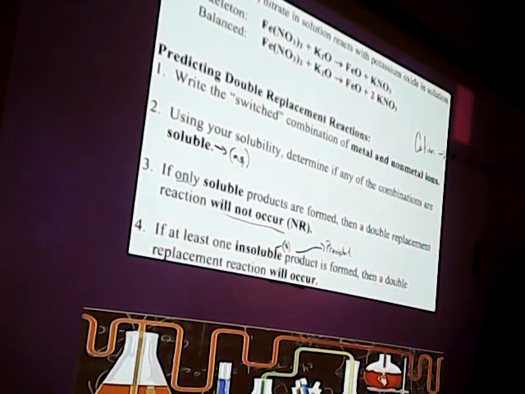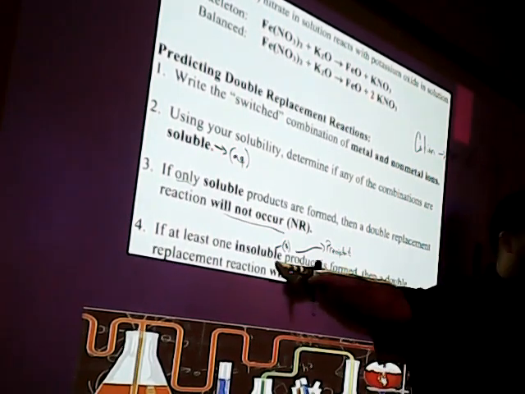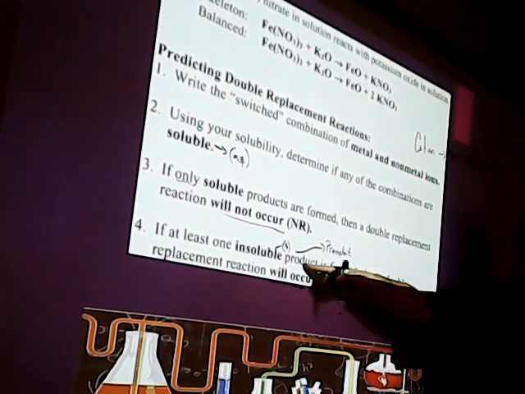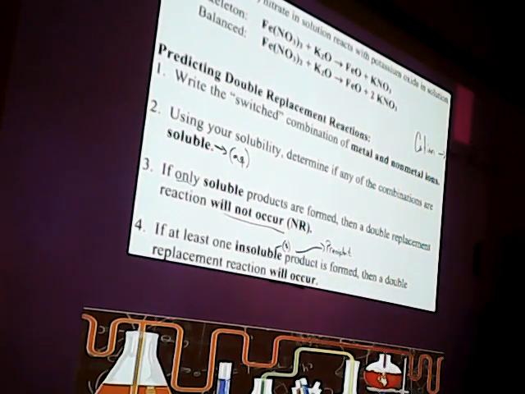It occurs from a reaction. You're missing one word. There you go: when two liquids form a solid. See that solid there? So if a precipitate is formed, that means a solid has been formed. That means the double replacement has taken place. That means it's a good reaction. Okay?